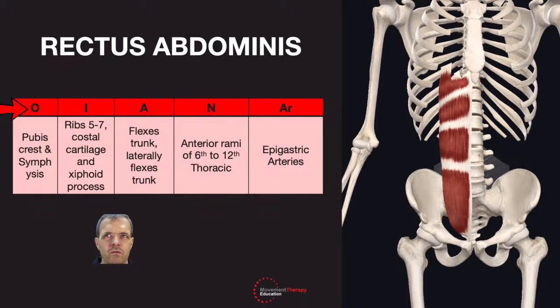That's why we're moving away from origins and insertions and just calling them attachments. So this would be the costal attachment, and this would be the pubic attachment. Or in this case, you can use superior and inferior. They're interchangeable, and a bit more accurate than saying origin and insertion.